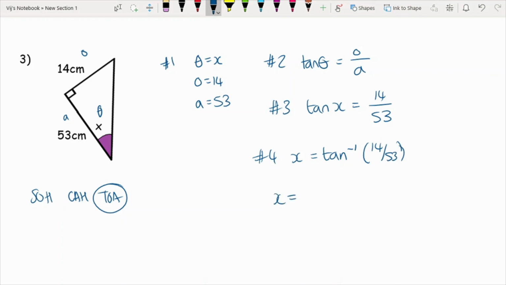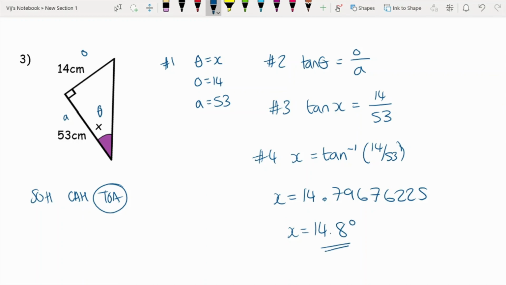So x is going to equal, so I'm going to do inverse tan of 14 over 53 equals, and it should give you an answer of 14.79676225, which to one decimal place is 14.8 degrees.